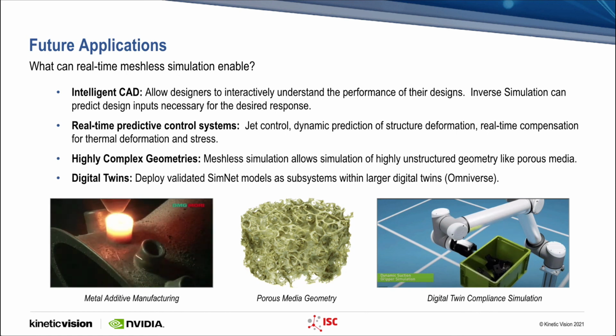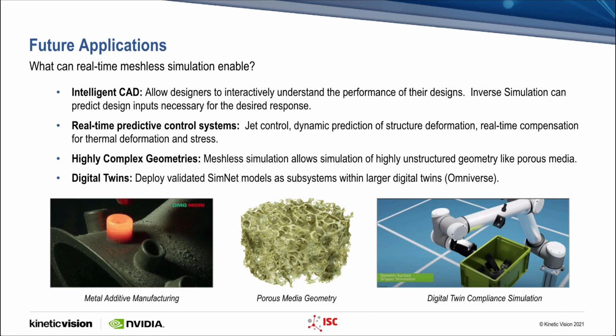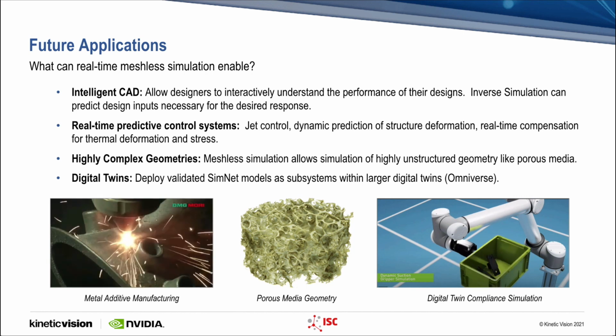Dynamic prediction of structural deformations, and real-time compensation for thermal deformations and stresses. This is something that's a really hot topic in the metal additive manufacturing space right now. Highly complex geometries, so meshless simulation is especially great for things like porous media. And then digital twins.